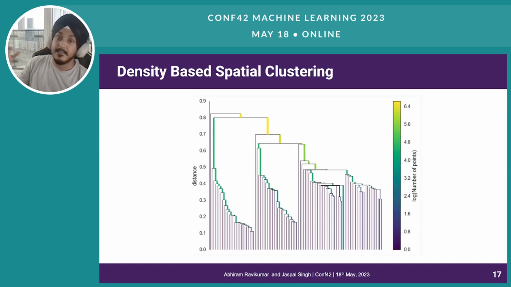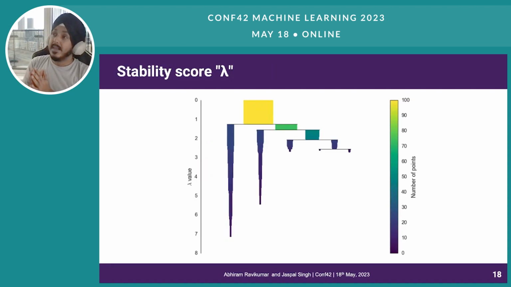The objects that are closer to each other come closer and form a cluster. The objects that are farther from each other are lying below in the hierarchy, and that's the way the spatial clustering happens.